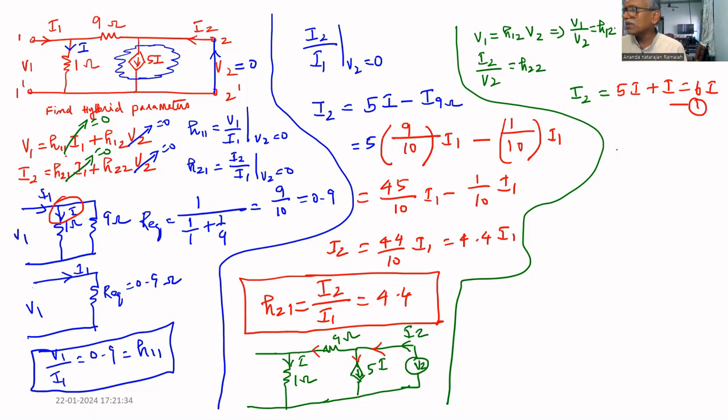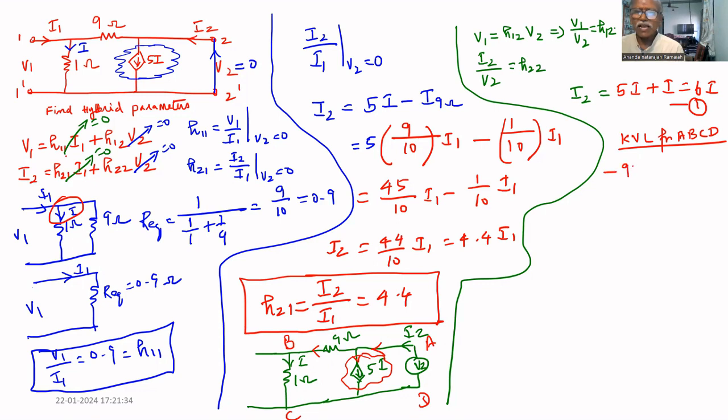What is the expression for V2? The expression for V2 can be obtained by writing KVL for this loop. Since it is a current source, we do not know the voltage. That's why we consider the loop A, B, C, D. Writing KVL for A, B, C, D, we are traveling along I2.